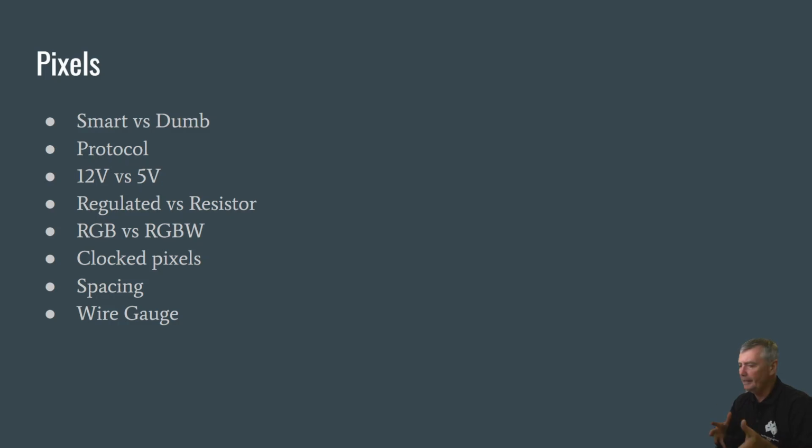Be very careful about spacing. When you go and you buy pixels, particularly if you pick a no-name vendor on Amazon, be very wary of the spacing that you're buying and how they're measuring the spacing. For a lot of people, the spacing is the length of the wire, and that includes the part of the wire that's soldered onto the board inside the pixel.